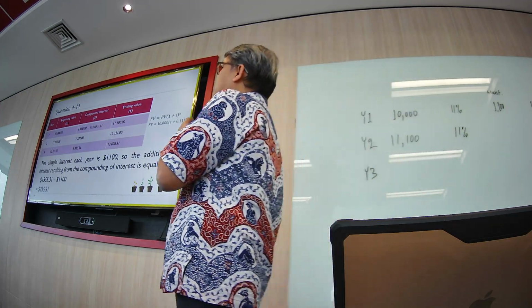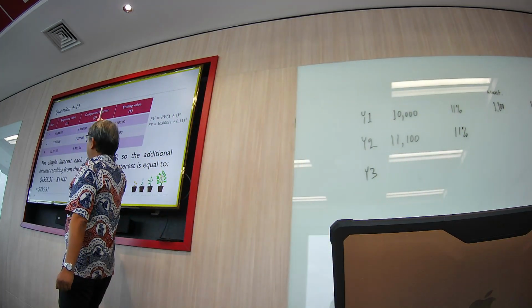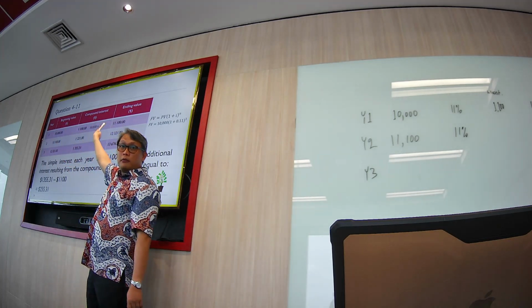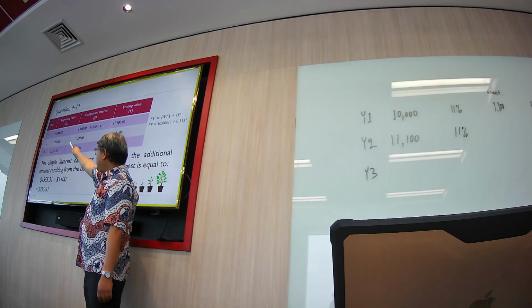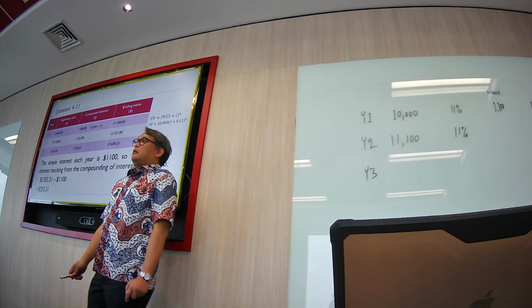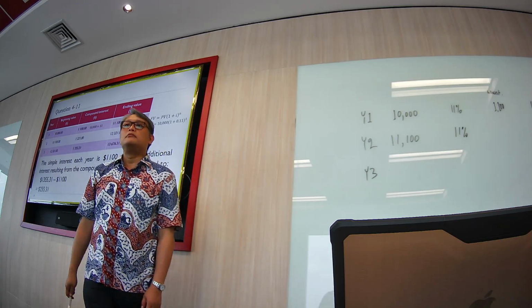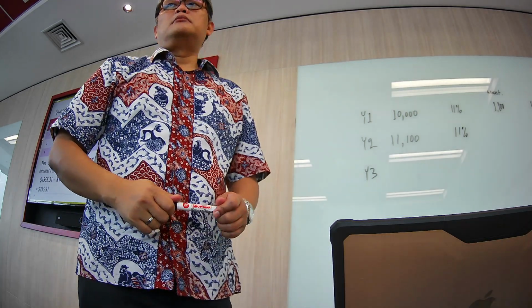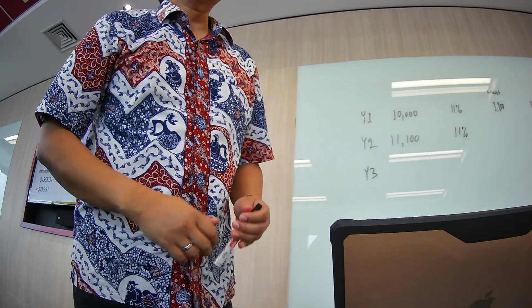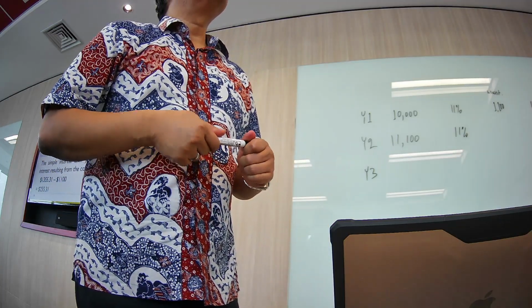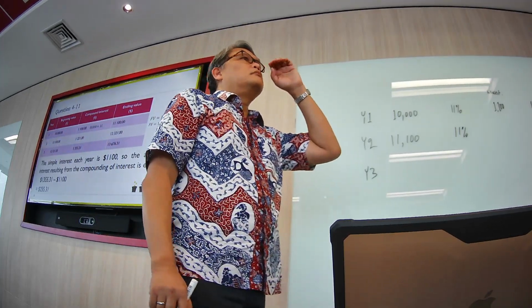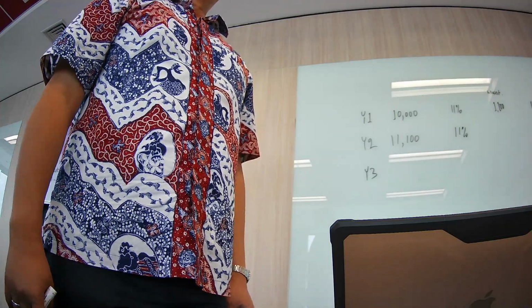So without compounded interest, each year you will start with 10,000. 10,000 times 11%, and then for the second year again 10,000 times 11%. Wait, shouldn't it be counted from the start of the first year? Shouldn't we count the final result of the compound interest minus the final result of the simple interest?